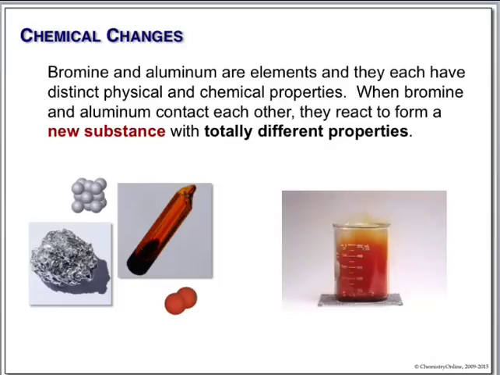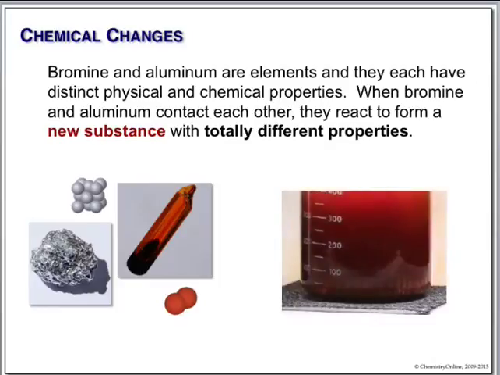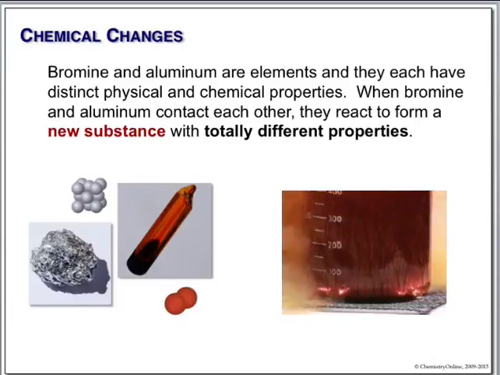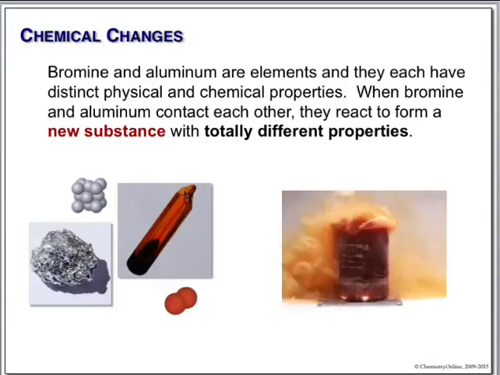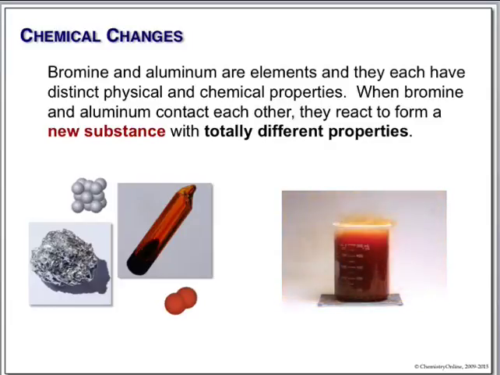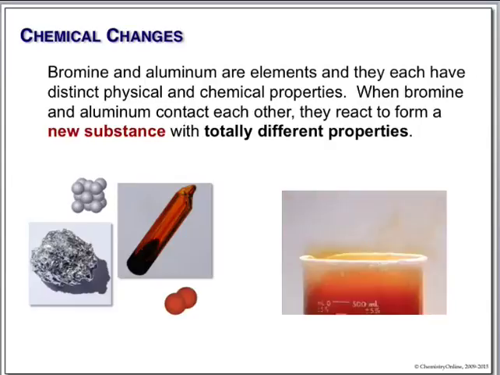As we do this, the two come in contact, and they start reacting. Now you see light and heat is given off. This thing is just boiling over with toxic bromine vapors. And when it's all done, you'll note that there's this white crusty stuff around the edge and in the bottom.